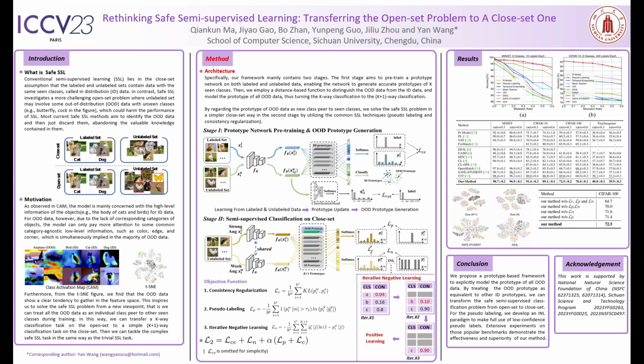With all the more comprehensive complementary labels, our framework can be enhanced to classify more confidently. Our framework is trained with cross-entropy loss on labeled data, consistency loss in consistency regularization, positive loss in pseudo-labeling, and negative loss in iterative active learning.